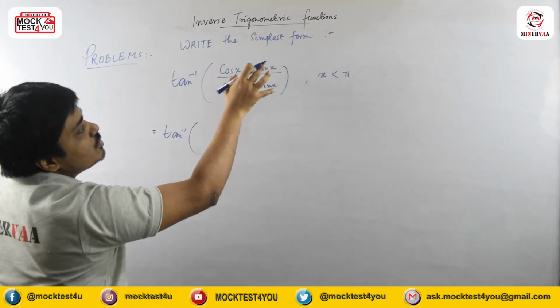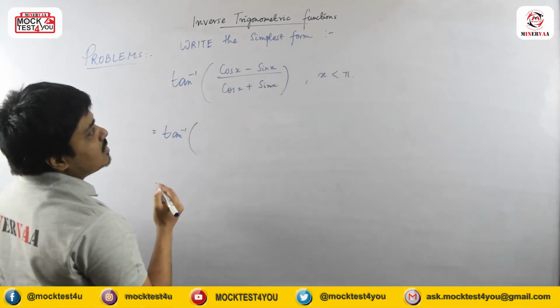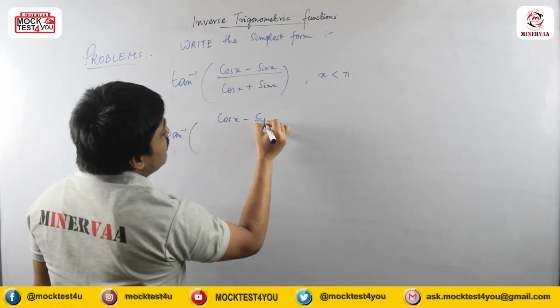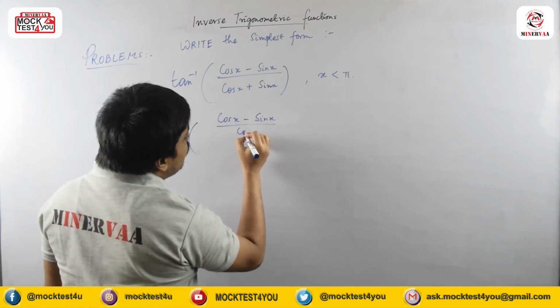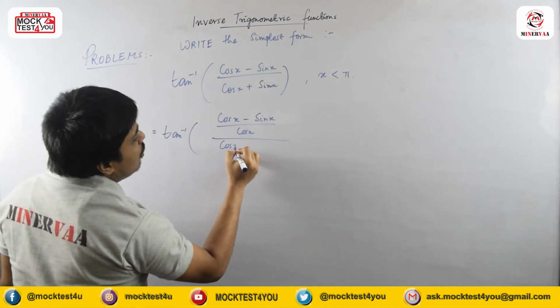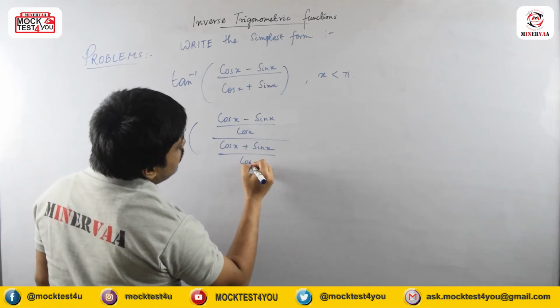So in order to introduce tan, I will divide numerator and denominator by cos x. Why are we doing that? Because we know that sin x by cos x is tan x. That's the reason for dividing the numerator and denominator by cos x.